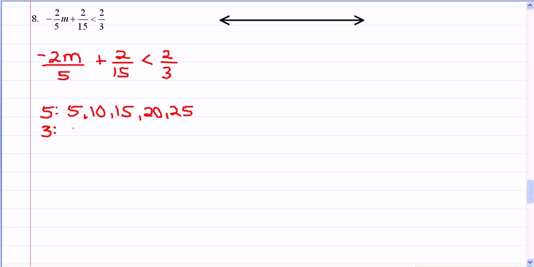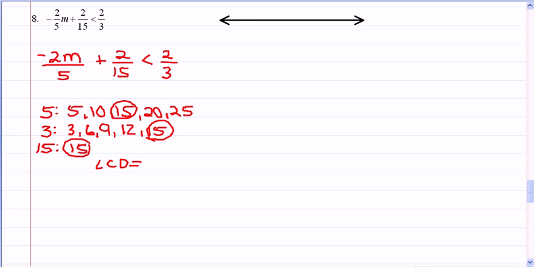The next denominator, I'm going to use 3. And when I get to 15, the first multiple is 15, which matches the other two lists. So my least common denominator is equal to 15.